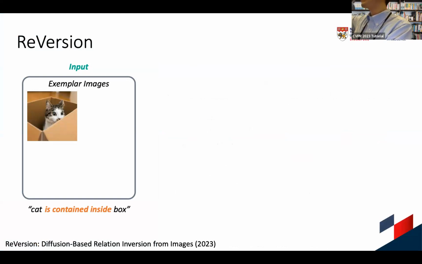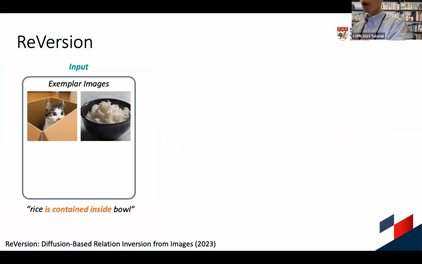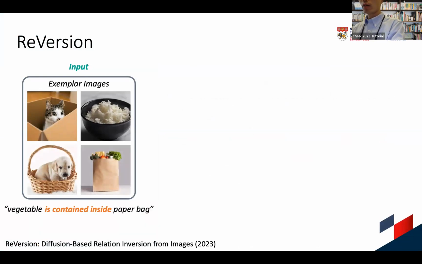Like the cat is inside the box, the rice is inside the bowl, the dog is inside the basket, and finally the vegetable is inside the paper bag. Maybe you have just these four example images. Can we also learn some continuous prompt that can represent these relations and synthesize new images that mimic this relation? The answer is that we can do it.